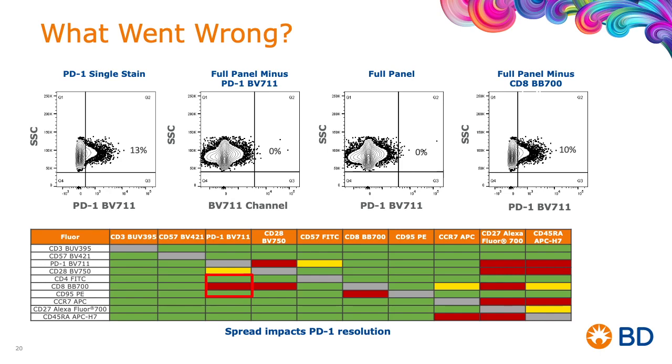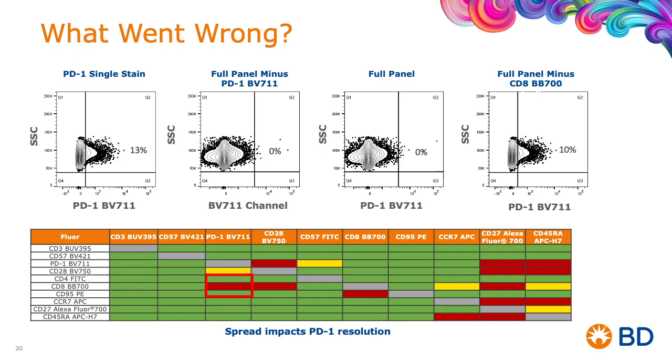minus now CD8 BB700. This is another way we use FMO controls, to understand and discover which fluorochrome introduced a spread. And you can see that now that we have removed just one fluorochrome, BB700, so this is a cocktail with 9 antibodies, we have restored the real population of PD-1, and we can see now 10% of the cells.